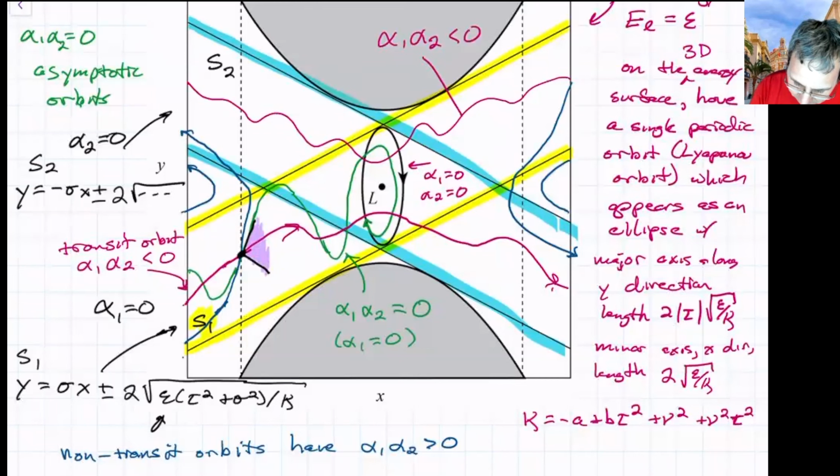If you have a trajectory that passes through that point, everything in the purple wedge is going to be a transit orbit. Anything outside the purple wedge will be a non-transit orbit, and anything on the boundary of the wedge is an asymptotic orbit. We have alpha 1 greater than 0 in here, but everything along this dashed line is alpha 2 less than 0. And alpha 1 equals 0 along the edges of the wedge.